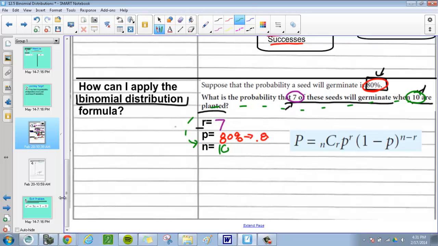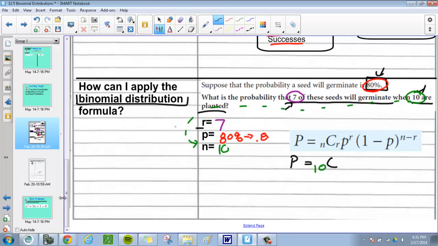So if I rewrite this formula, what I have is P is equal to 10 choose, and then how many successes was there? 7 successes, right?